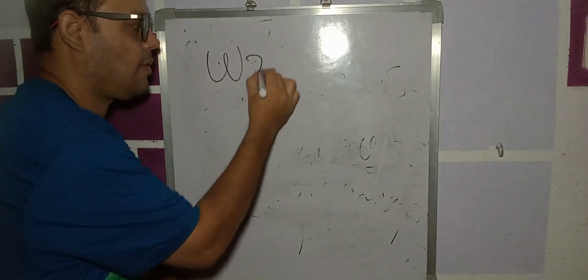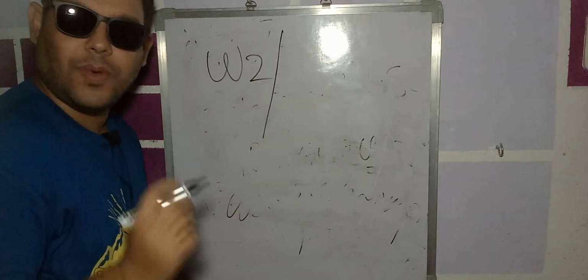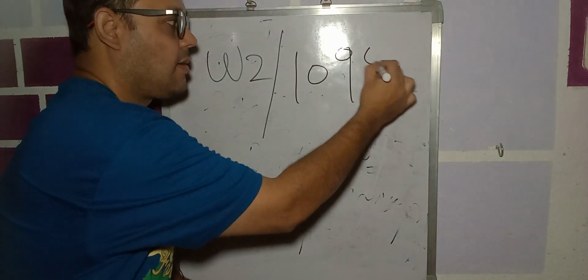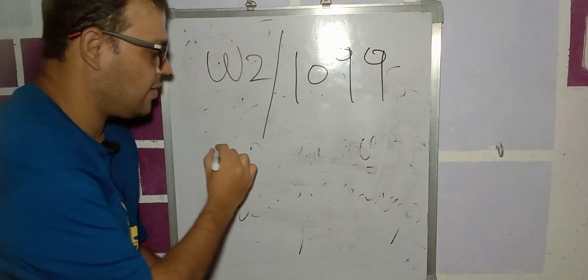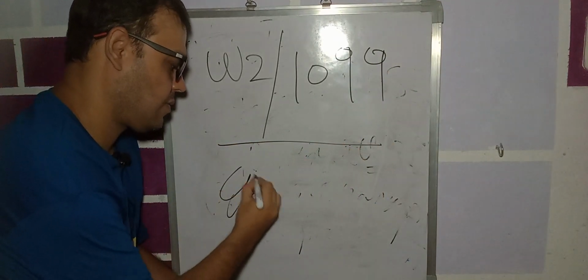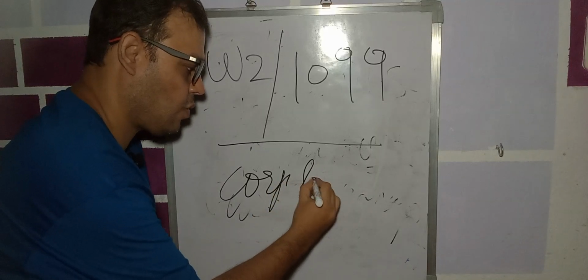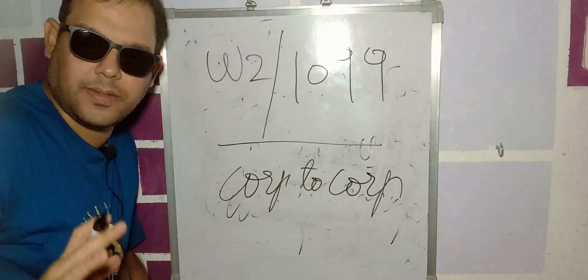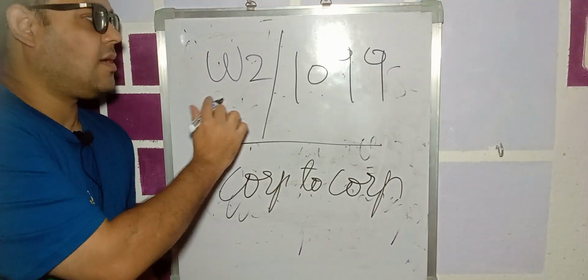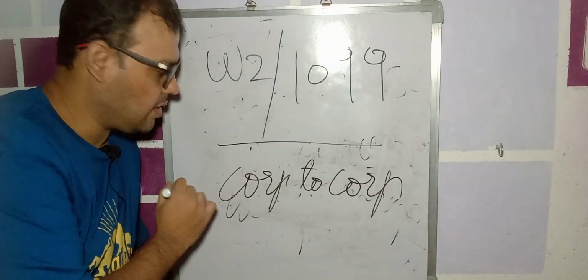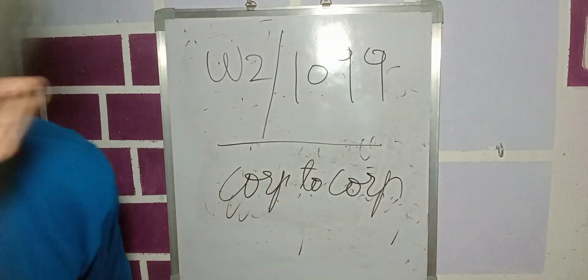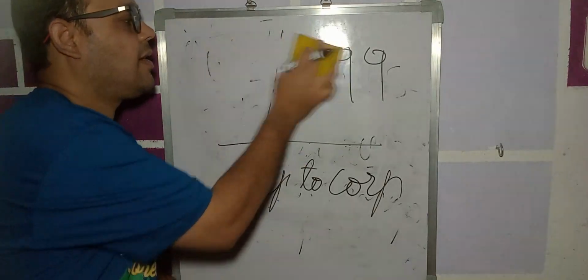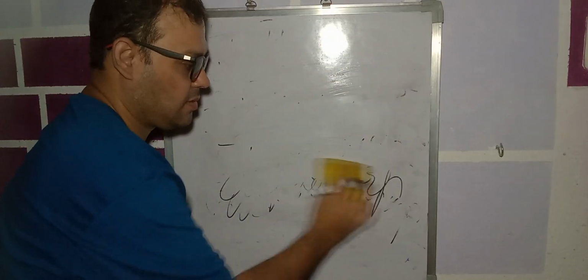One is W-2, second is 1099, and the third is Corp-to-Corp. Now I'll explain in detail what W-2 is, what 1099 is, and what Corp-to-Corp is.